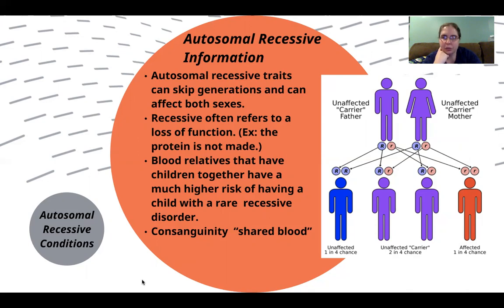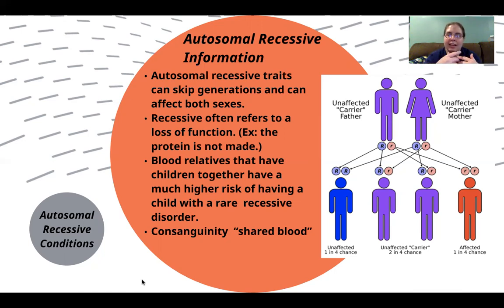Blood relatives that have children together have a higher risk of children with rare blood disorders. And that's because of consanguinity, which is shared blood, or incest. That's why you see a lot of recessive disorders appearing in certain royal family lines in Europe, because to keep the bloodlines pure, royal families would marry within themselves.